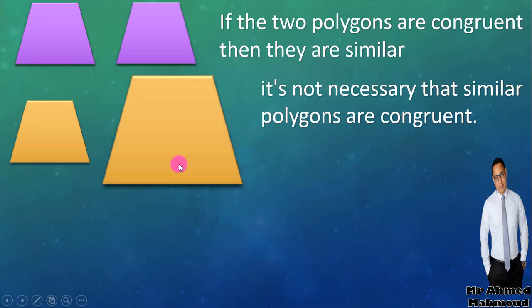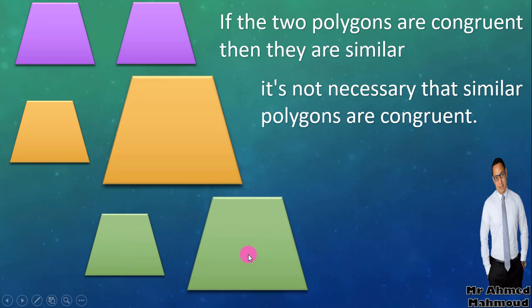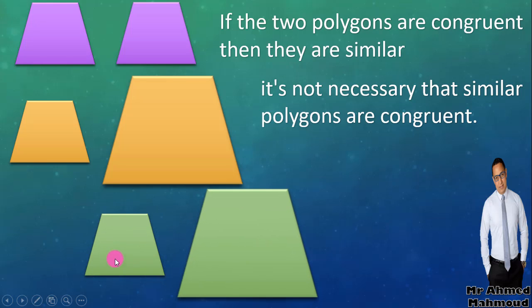Okay, final. If we have a polygon like this, and this polygon is similar to another one, let me call this one polygon 1 and this one polygon 2. So 1 is similar to polygon 2. And if we have a third polygon, which is a minimizing of 1, I will call it 3, and 3 is similar to 1.